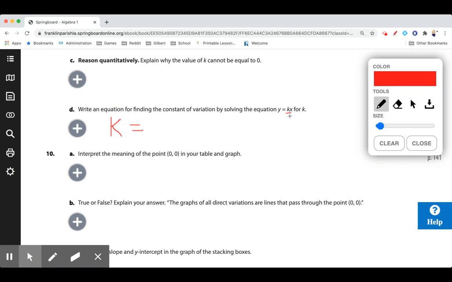We do the opposite, the inverse, and divide both sides by x. And so this would go away. X divided by x is 1. You're left with k. Y divided by x would be your answer on the other side. So k is going to be y divided by x.